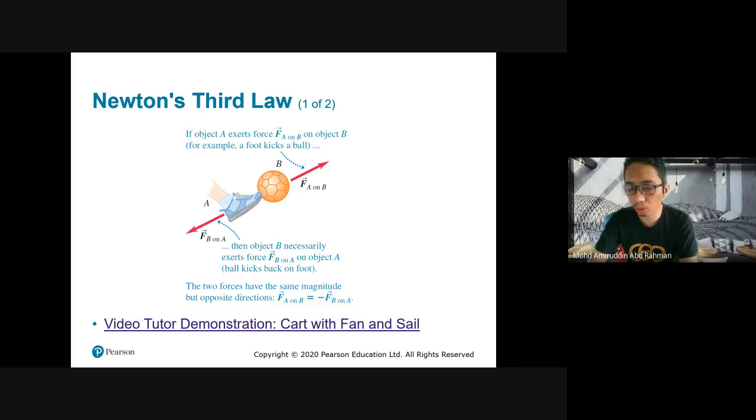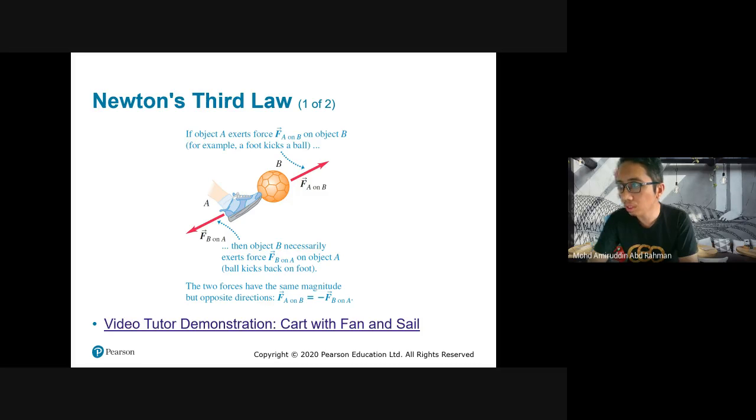But after we block the wind from the cart, the cart stops moving, so it just stays static over there because of Newton's third law.